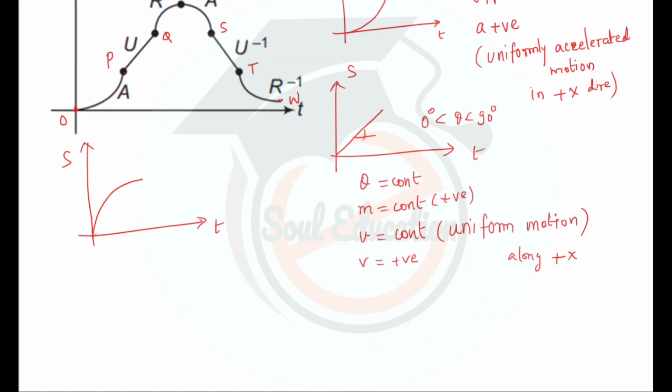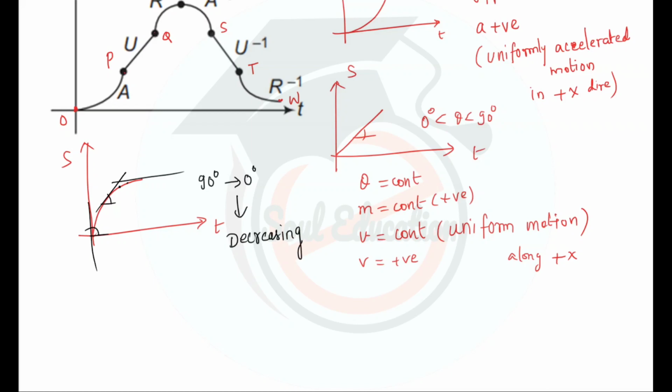Then the slope is almost 90 degrees initially. At each point my slope decreases, which means my theta is decreasing, from 90 degrees approaching 0. This is the case of decreasing.